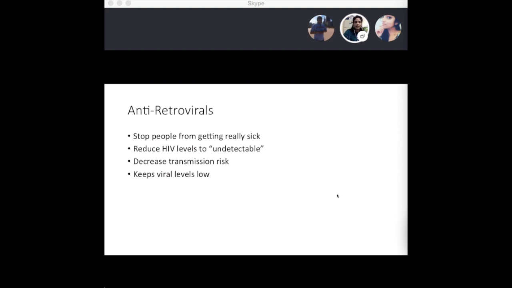Okay, so the idea of antiretrovirals is they stop people from getting really sick. They reduce HIV levels to almost undetectable, so they are pretty good. And they decrease the transmission risk and keep the viral levels low. The way I ordered the antiretrovirals was in sequence of how the infection process occurs.